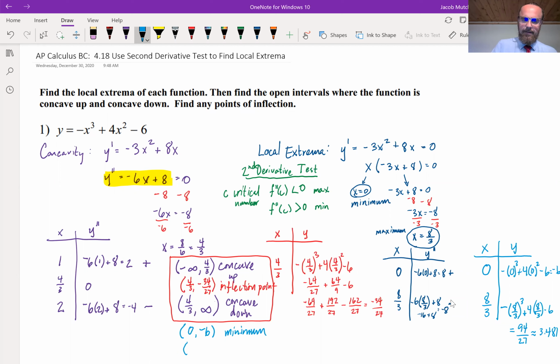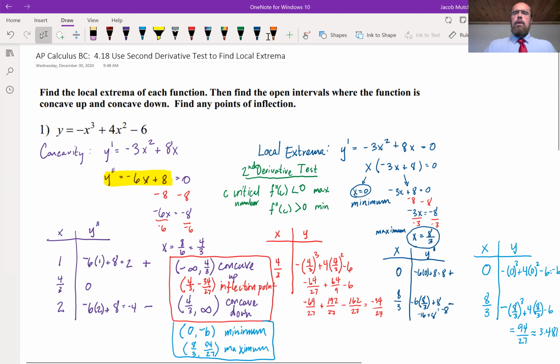So that's (8/3, 94/27), and that we had identified as a maximum. So we'll add that to our answer there. And what we need to do is decide, does this correspond with the graph of the function? I just want to take a moment to look there.